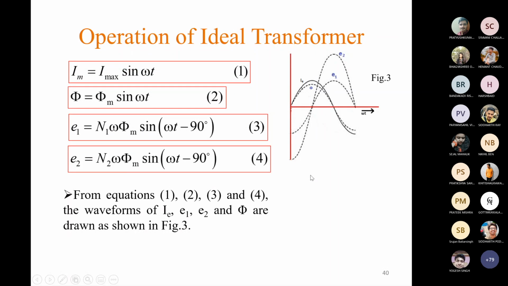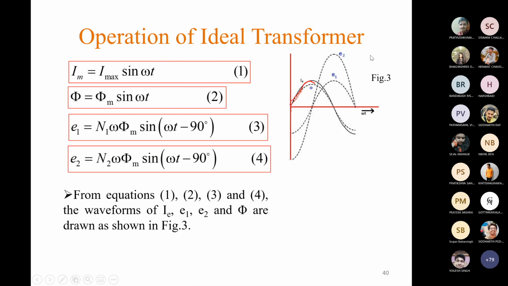The first waveform is phi, the dotted one, the variation of flux with respect to time. Then from equation 1, the exciting current, having only the magnetizing component for the ideal transformer, is also in phase with phi. So this next curve, shown by the symbol IE, is the exciting current.